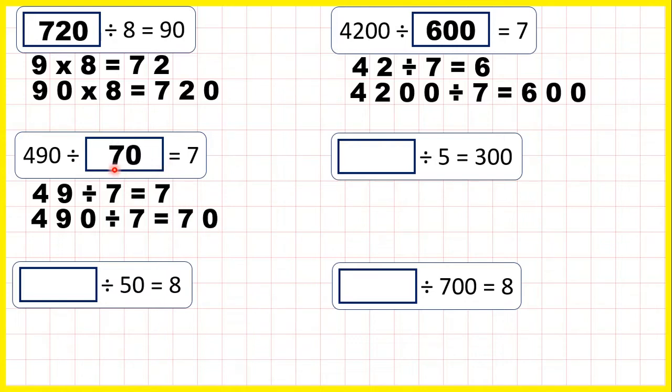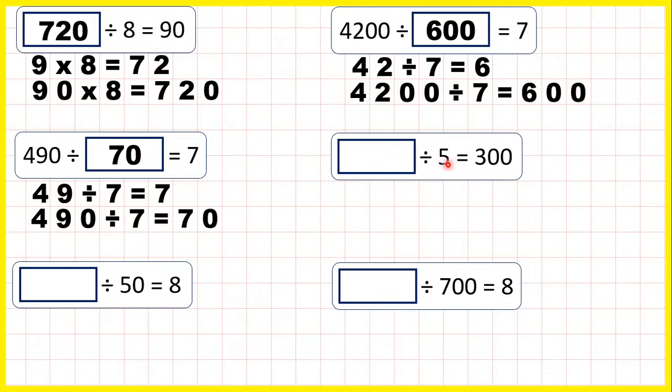So 490 divided by 70 is 7, and we can see that gives the same answer as 49 divided by 7, because we can cancel these zeros in our division question.